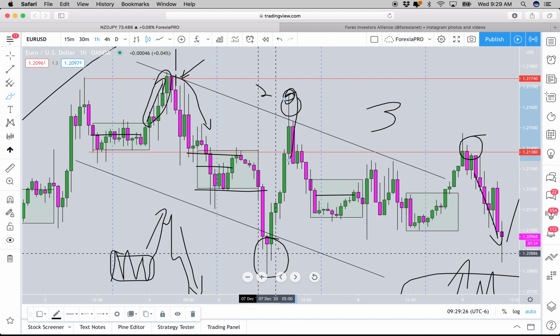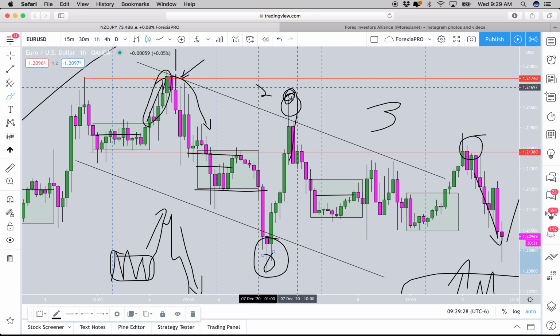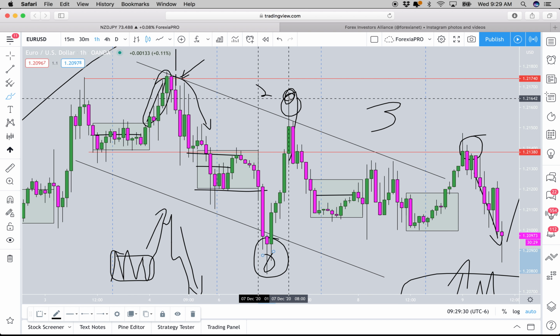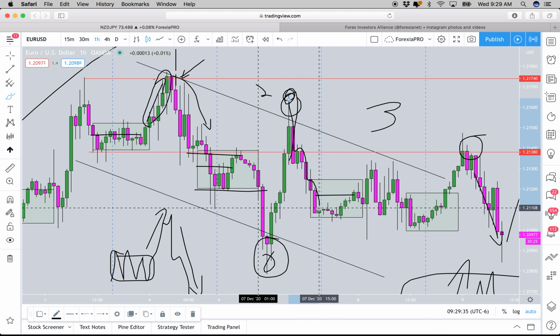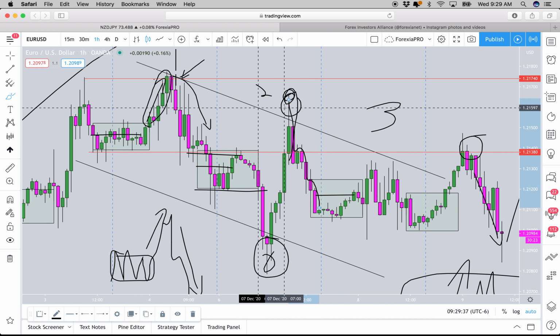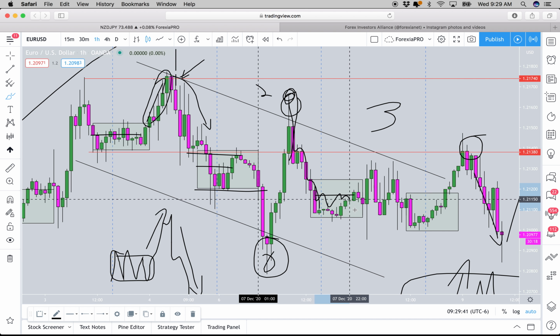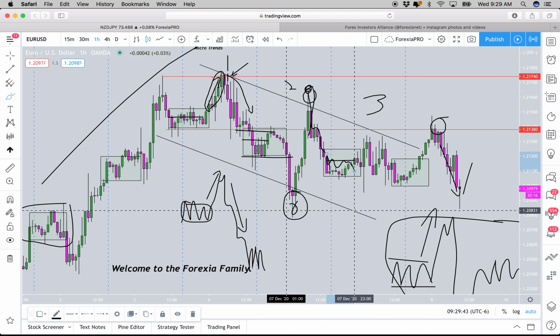London session was dedicated to create the low. New York session, now they create the high, and they reverse off of that high, right? New York session reversal, and then end the day in consolidation. Okay? This happens over and over and over and over.